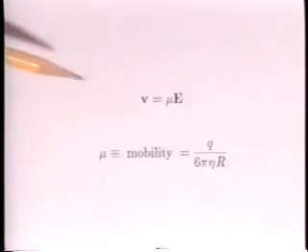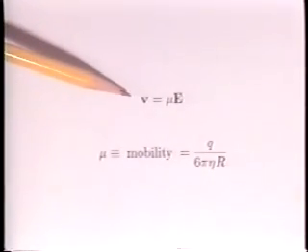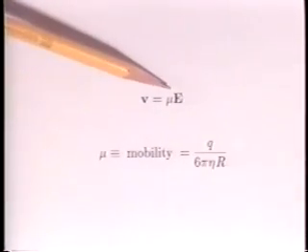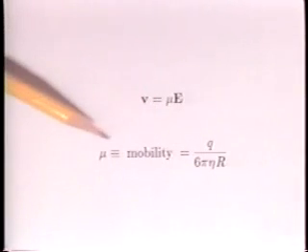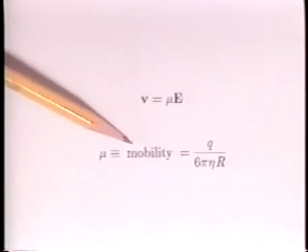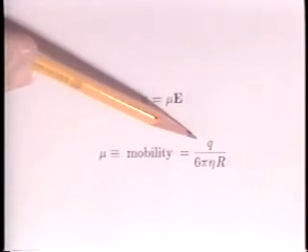The coefficient relating the particle velocity to the electric field intensity, mu, is defined as the mobility. It is generally proportional to the particle charge, q.